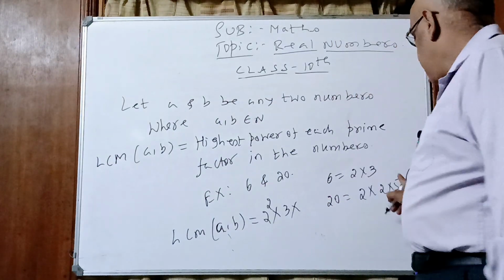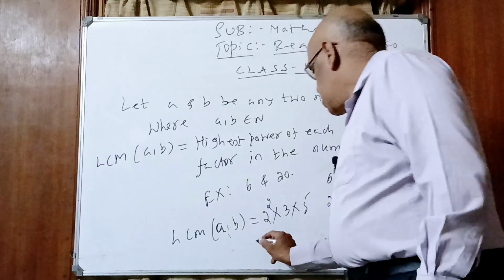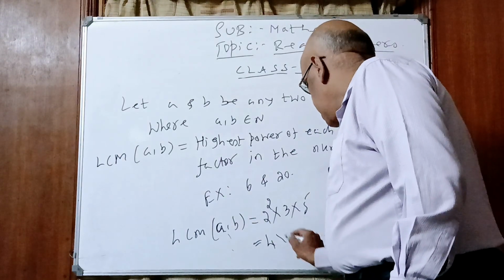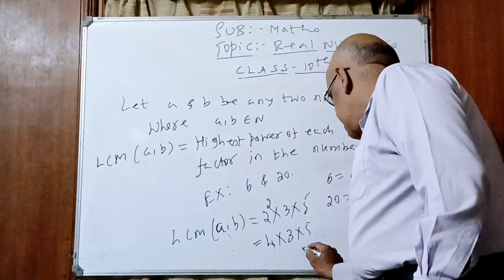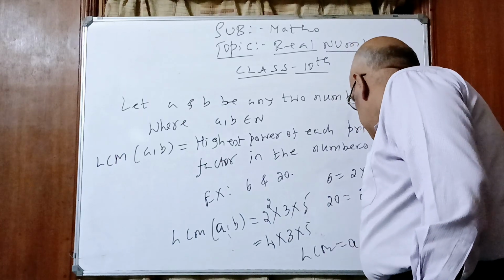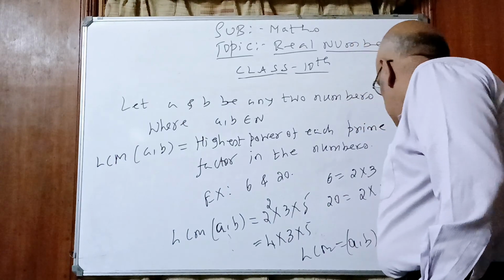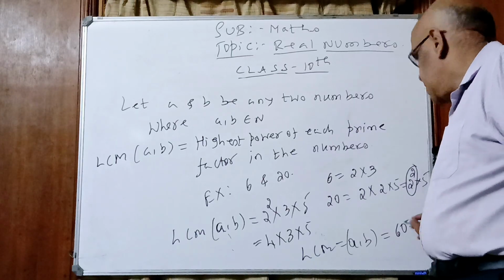Then take 5; there is no 5 in the other. This is the LCM, children. 2 square is 4. 4 threes are 12. 12 fives are 60. Therefore, LCM of A comma B is equal to 60.